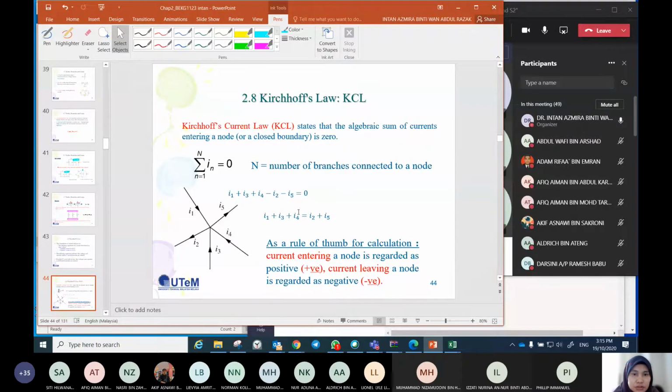So on the left side, current entering the node I1, I3 and I4 is equal to current leaving the node I2 plus I5. Any question? Good so far. Okay.